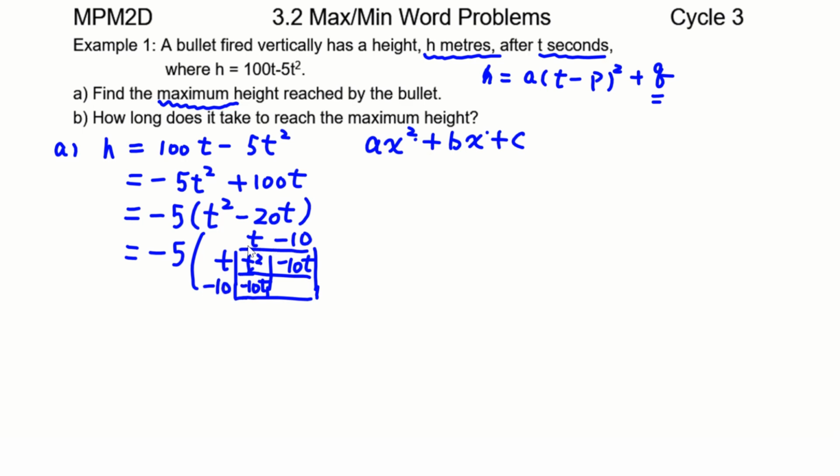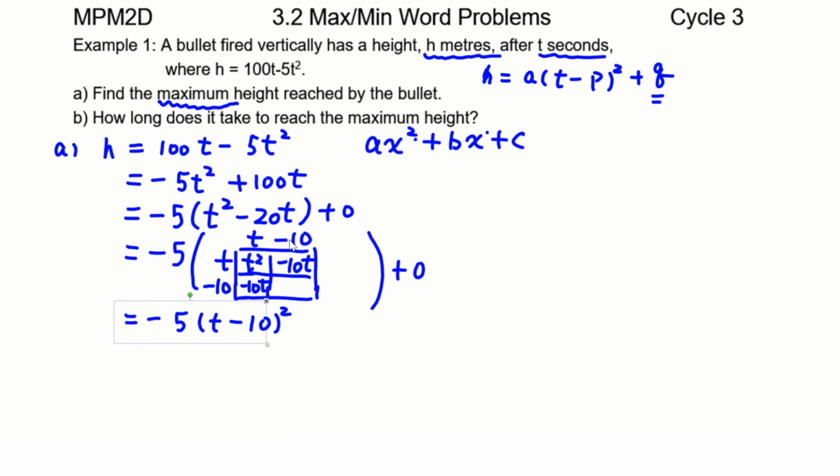Then you will see now we have t minus 10 times t minus 10, so we have t minus 10 bracket squared. We use a box to do the factoring, then we close the box. The constant outside is none, which means plus 0.